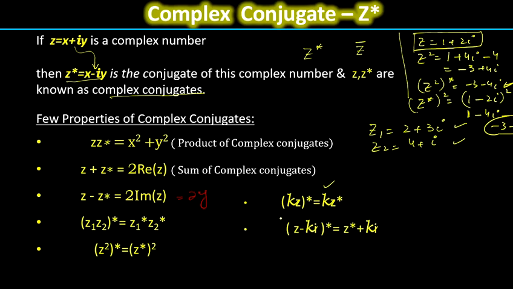I think in 2012 or 2013, I don't remember the exact year, a question based on this property was asked in the examination, and most of the students found it very challenging. They could not manage. If you subtract an imaginary number from a complex number and then take the conjugate, or if you take the conjugate first and then subtract that imaginary number, the results are the same. Please try to apply this concept.